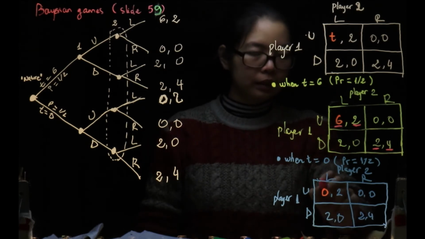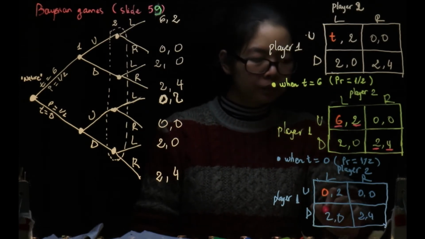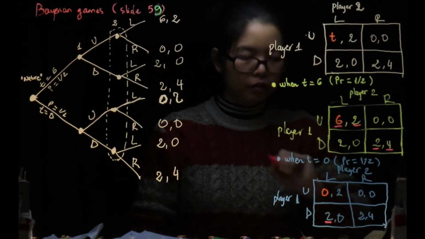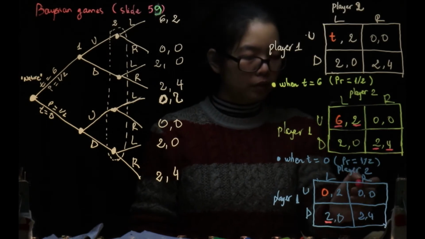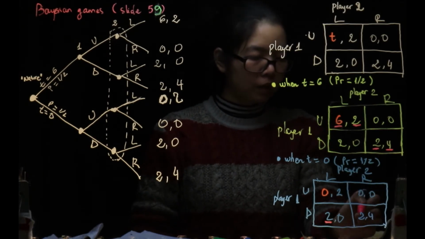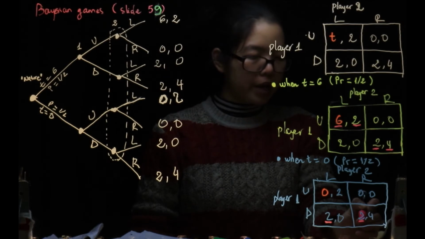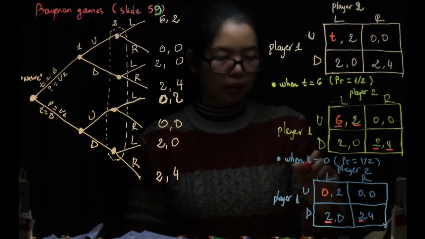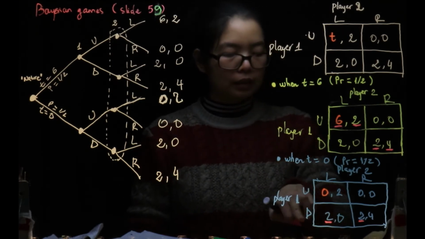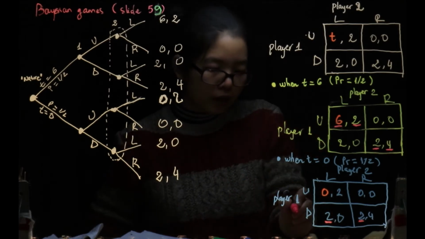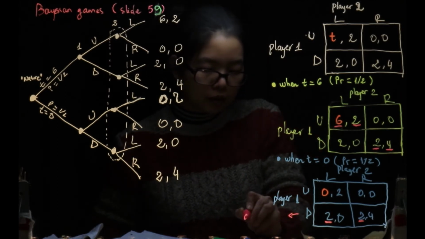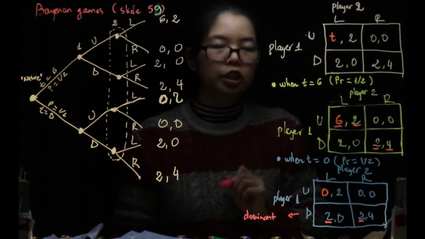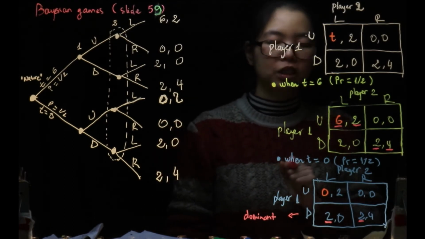How about t equals 0? For the first column, down is the best response of player 1 when 2 plays left. Again, down is the best response when 2 plays right. So you may realize that down is the dominant strategy of player 1 in this type, right?